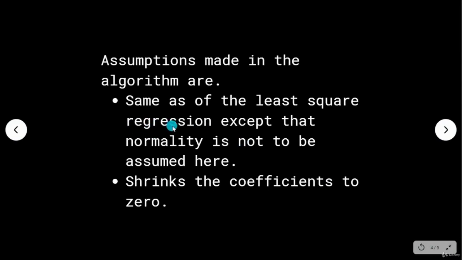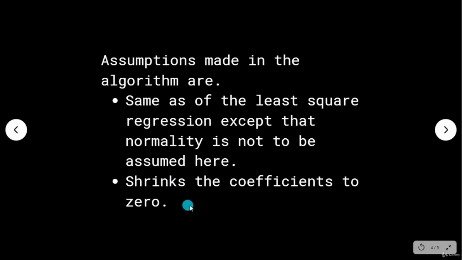Some of the assumptions that are made in this algorithm are as follows. Firstly, the assumptions of this algorithm are the same as that of the least square regression, except for one thing, that normality is not to be assumed here.